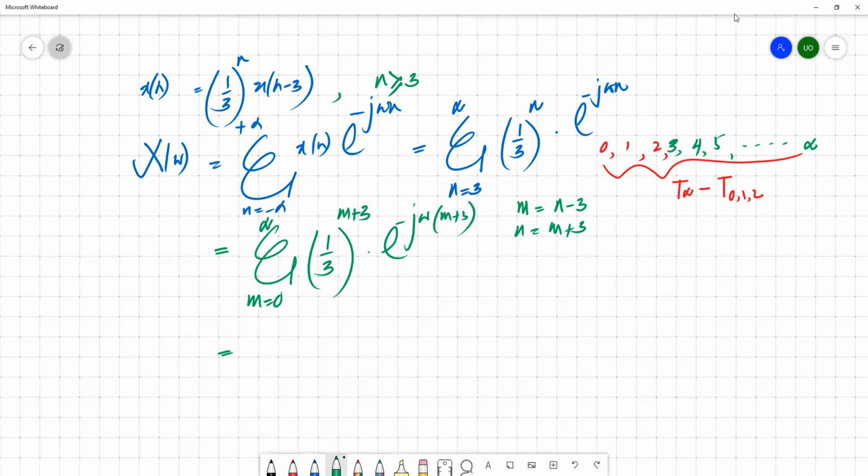Then we'll simplify it. Here we have e^(-jω3), which is independent of the index m, so you can take this out. Then we have m equals 0 to infinity of (1/3)^m, and again here we have (1/3)^3, which is again independent of m.